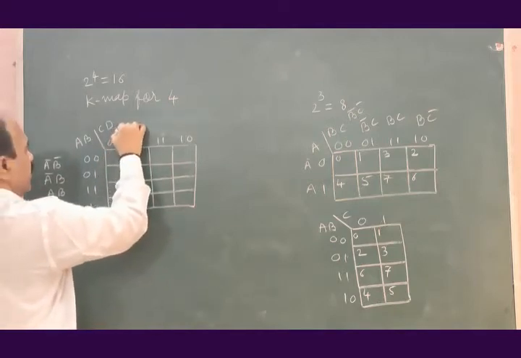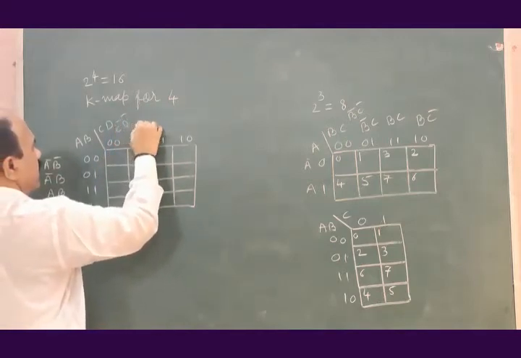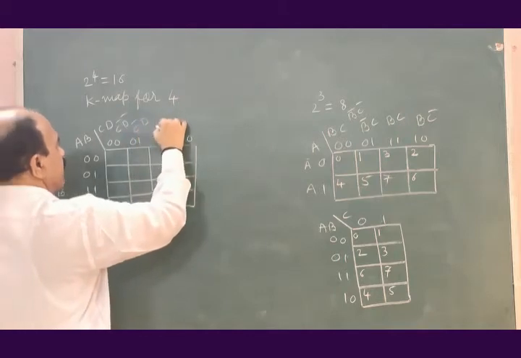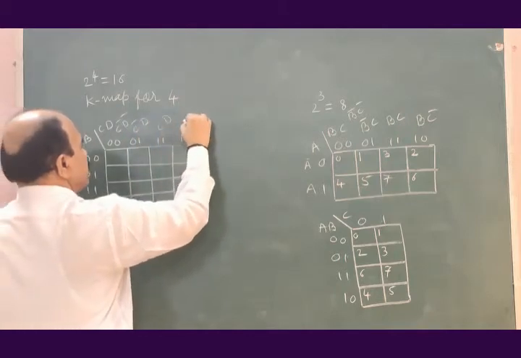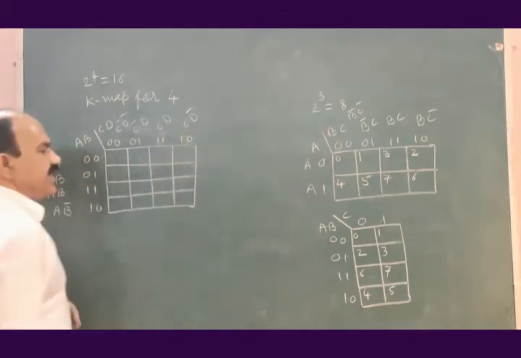This is corresponding to C bar D bar, this is C bar D, this is C D, this is C D bar.